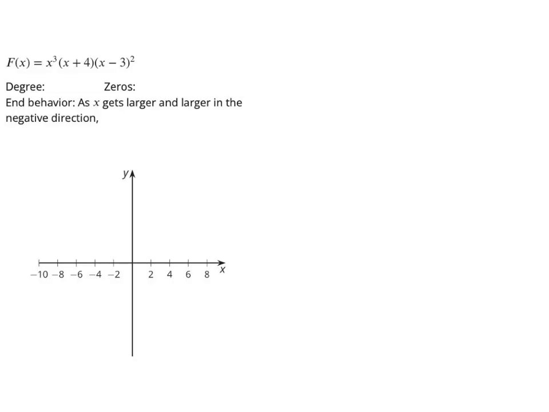Okay, now let's look at this one. We've got 3 factors, and one is squared. So you've got x squared times x cubed, giving us x to the 6. When you multiply the same base, add the exponents. So our degree is 6.